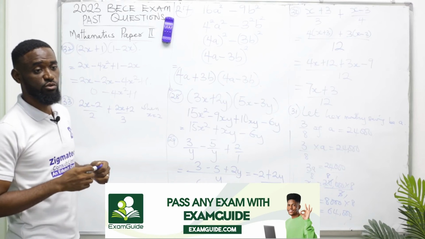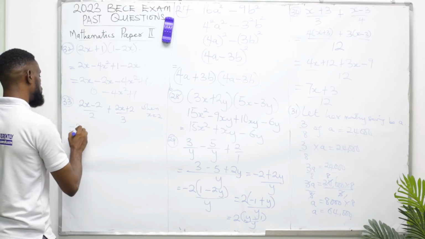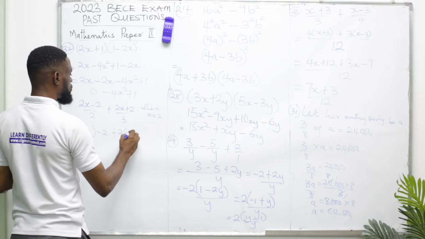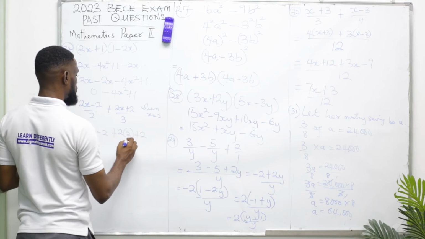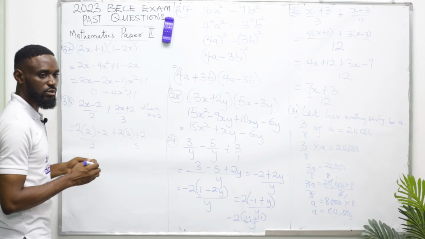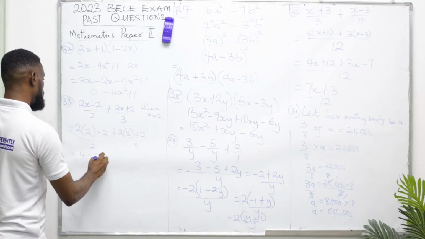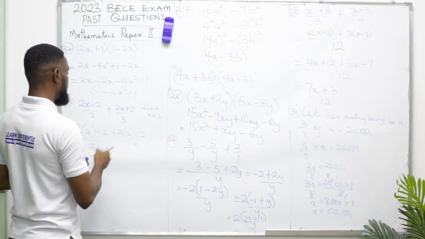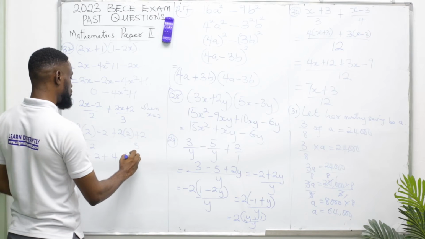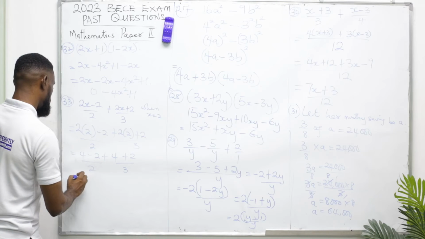So what they are saying we should do is, where you see x, substitute it with the value of 2, all right? So this means 2 into 2 minus 2, all over 2, plus 2 into 2 plus 2, all over 3. So this is 2 times 2, 4 minus 2, and here is 2 times 2, so 4 plus 2.